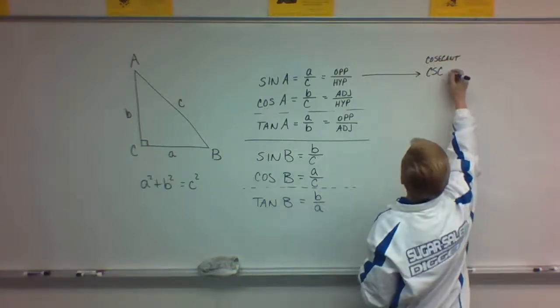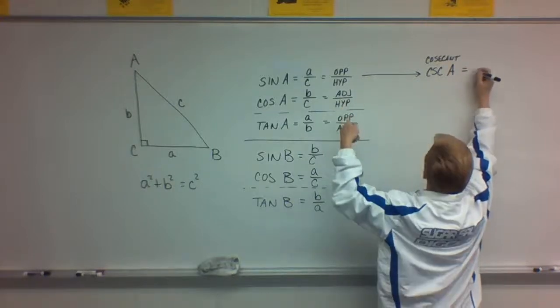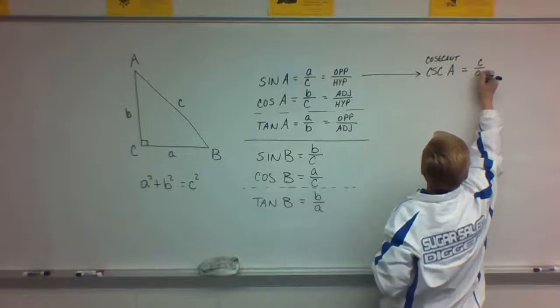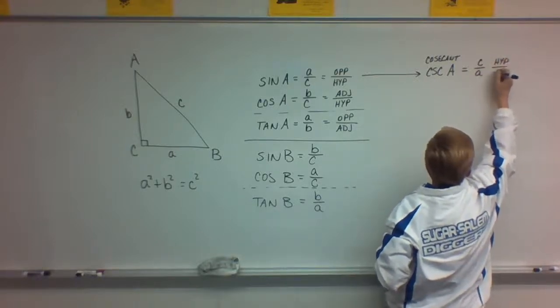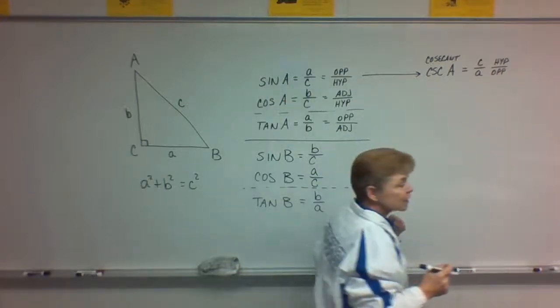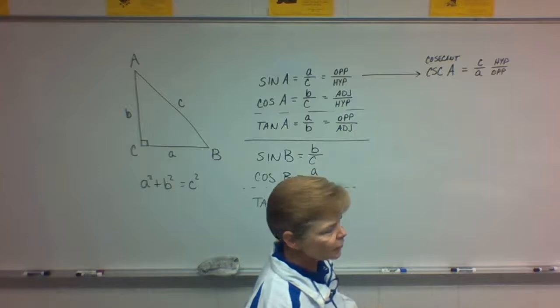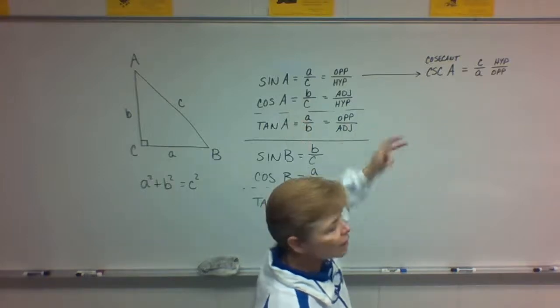The cosecant of the same angle, A, is equal to the reciprocal. It's C over A. In other words, hypotenuse over opposite. You don't have to memorize this. What you have to memorize is that sine and cosecant are related and they are reciprocals of each other. If you know what sine is, then cosecant, just tip it over.